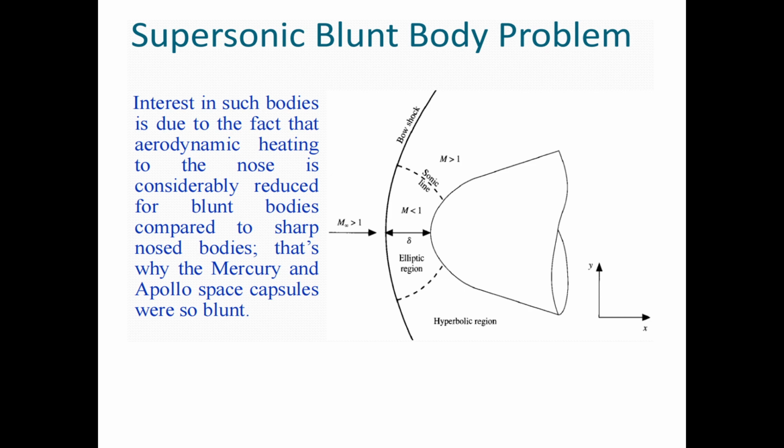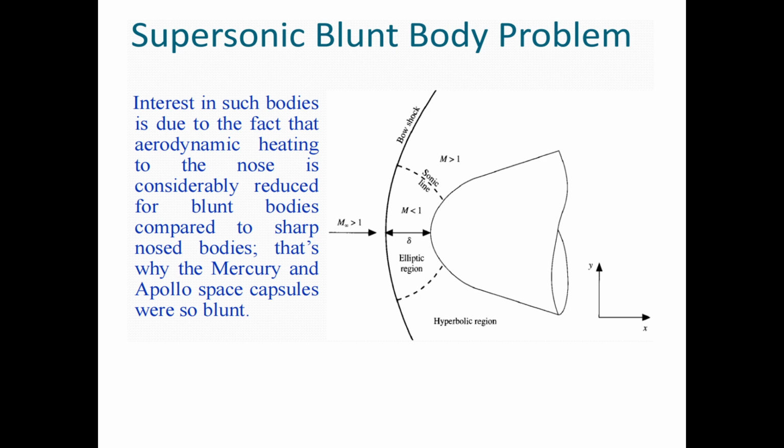The main difficulty for a blunt body problem is the mathematical modeling of Reynolds averaged Navier-Stokes or any kind of mathematical modeling, as there are two regions: subsonic and supersonic or hypersonic.